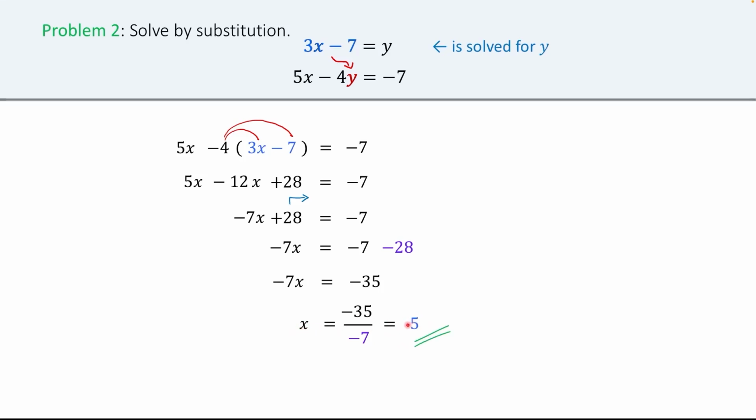Next we need to find the y value. The first equation is solved for y. So if you substitute 5 for the x, you will get the y value.